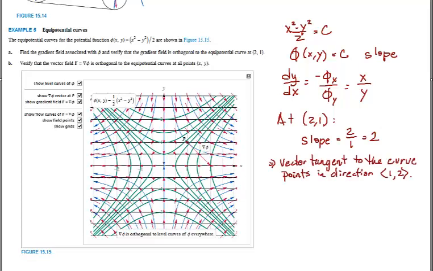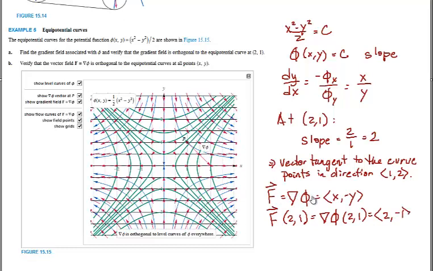Since our gradient field is equal to the gradient of phi, and this is going to be equal to the vector x, minus y, F of 2, 1 is going to be the same as the gradient at 2, 1, which is then going to be equal to the vector 2, minus 1.